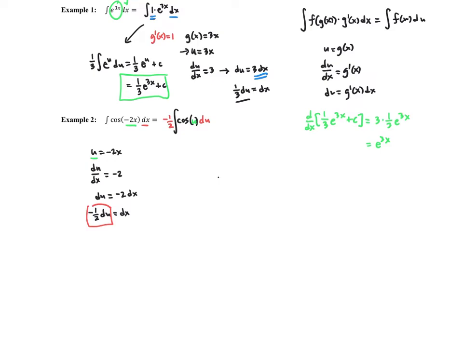Now let's integrate. We've got this in a nice form. The antiderivative of cosine of u is sine of u. So this would be negative 1/2 sine of u plus c. The constant affects nothing. Just keep it on the outside and then bring it back once I find the antiderivative.